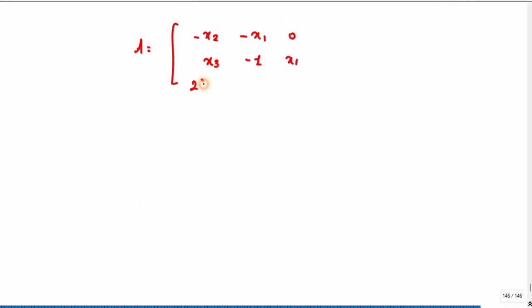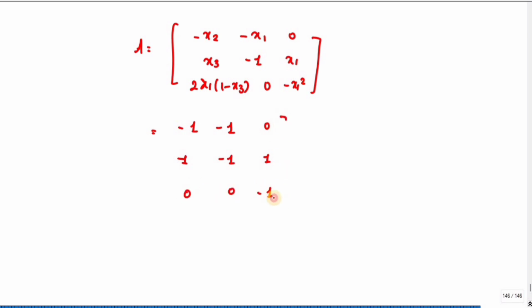I am writing the A value in this way, and substituting x1, x2 and x3 values equal to 1, and u values 0. From this I can obtain the value of A as minus 1, minus 1, 0; 1, minus 1, 1; 0, 0, 1, minus 1.